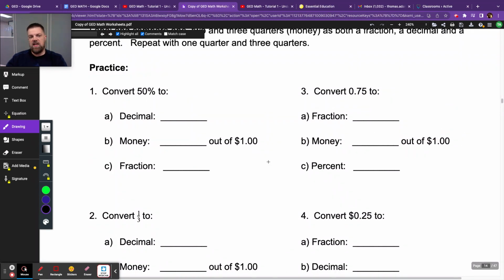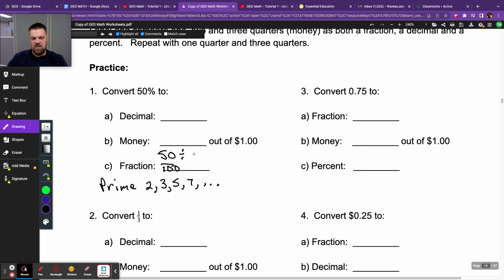Okay. So when I convert 50%, that's literally 50 over 100 for the fraction. Now we can reduce that. When it comes to reducing fractions, and I want you to write all this down, you do a thing called prime factorization, and you take prime numbers. Those are those fancy numbers that are divisible by 1 and only themselves. And you just start dividing the fractions. So I see that 50 over 100 can be divided by 5.